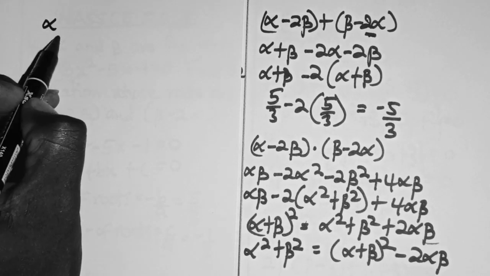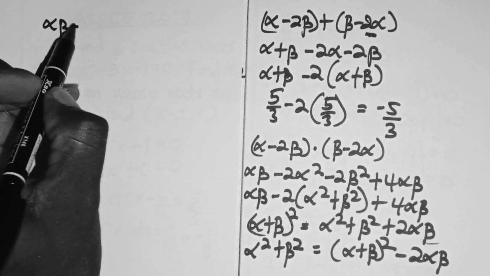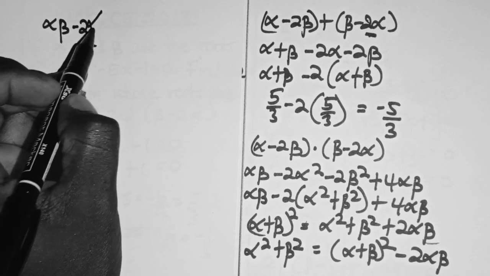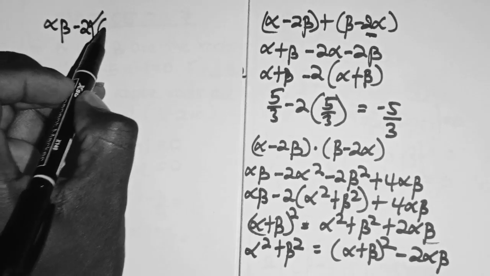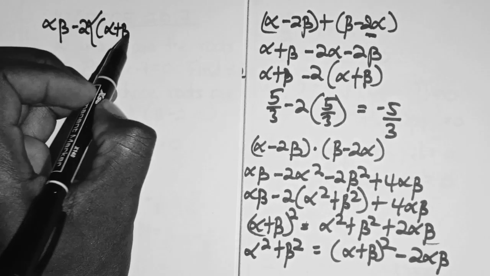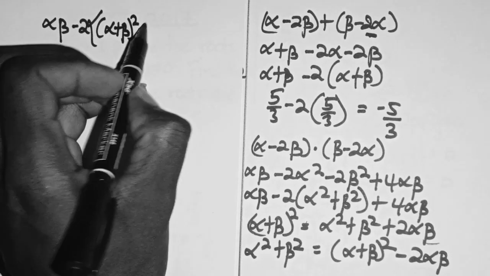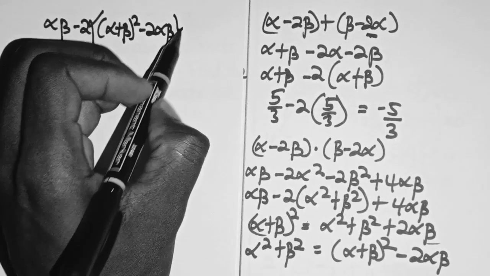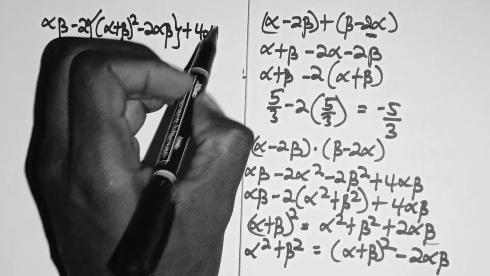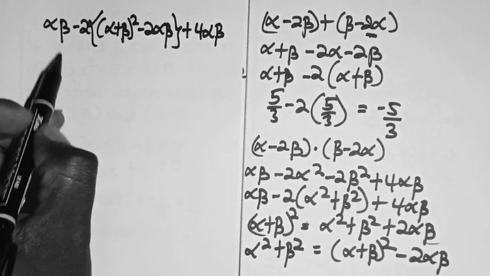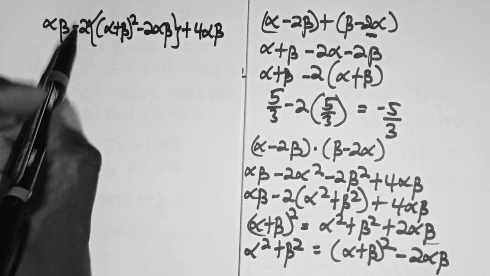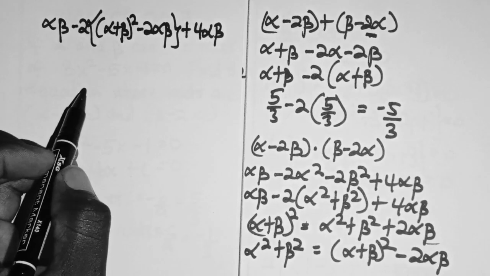So the product of the roots becomes alpha beta, then minus 2 times, in brackets, alpha plus beta all squared minus 2 alpha beta, and then plus 4 alpha beta. So now alpha beta plus 4 alpha beta is 5 alpha beta.